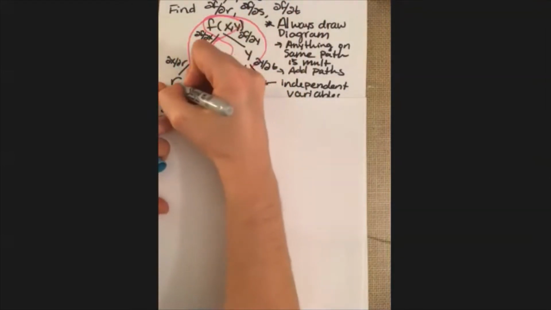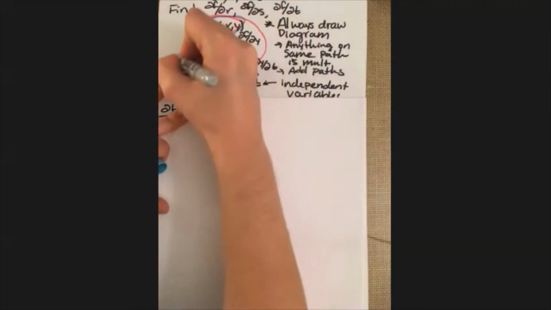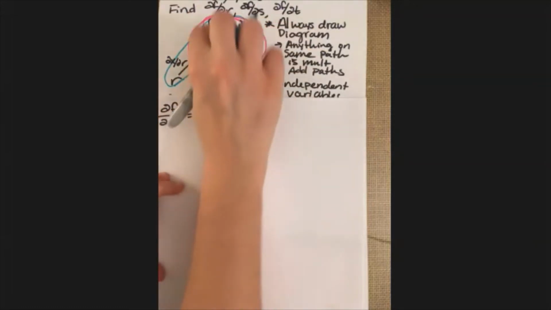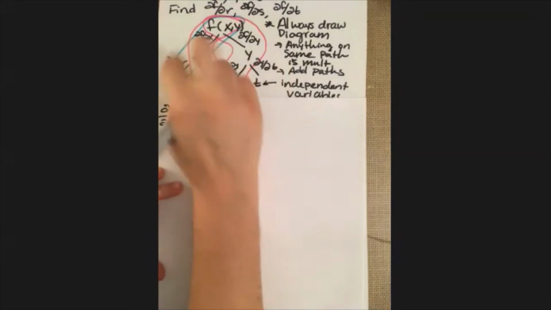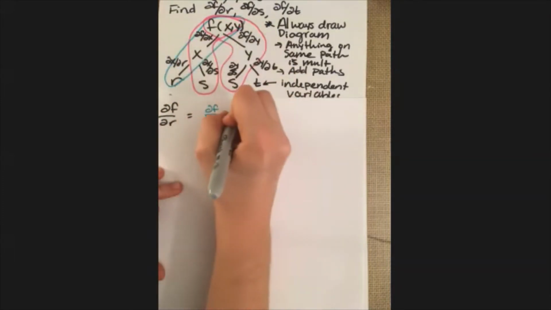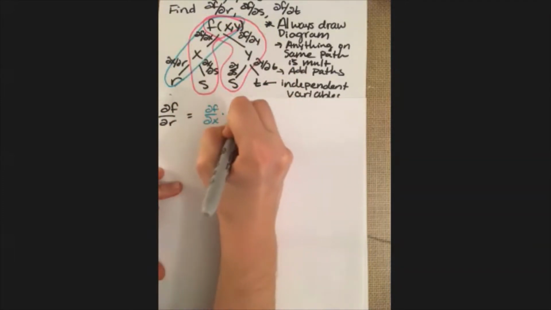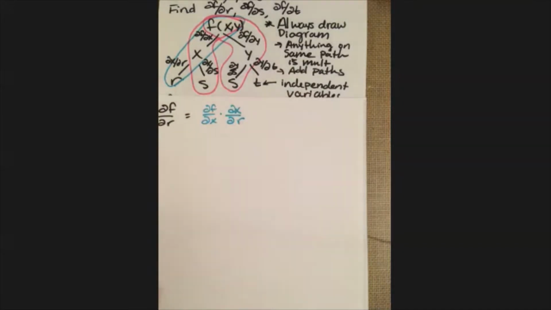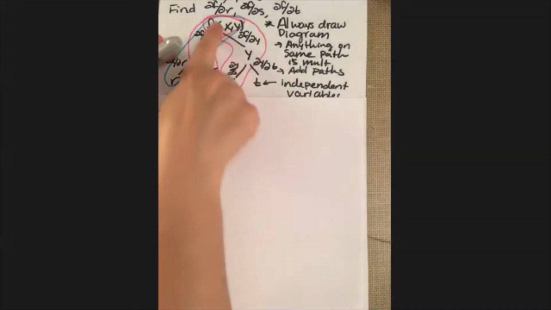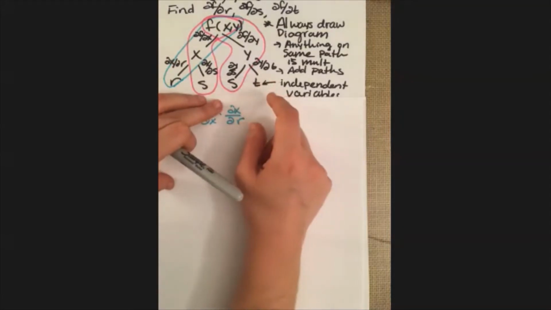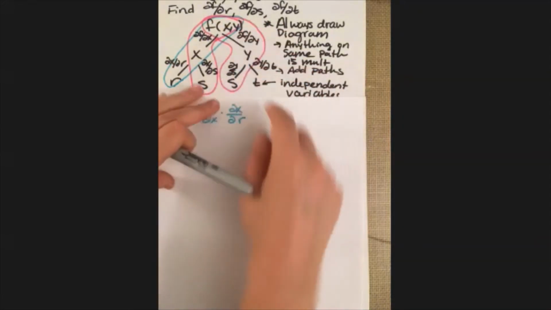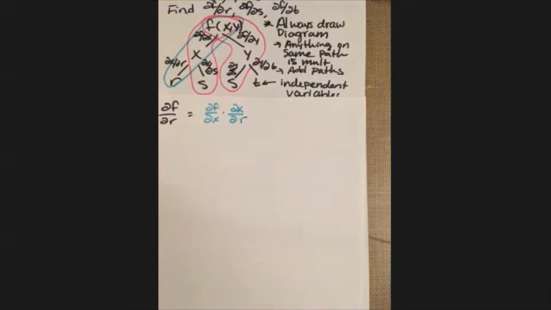So here's one path that will get us that. Okay, so we know that it's going to include df/dx times dx/dr, or partial of x with respect to r. But there's nothing that passes through y that ends in an r here, so we're not really going to have anything else. This is just going to be our only term in this particular part.